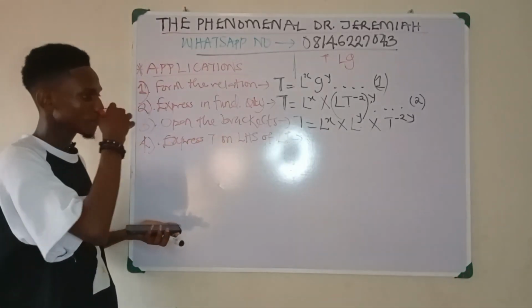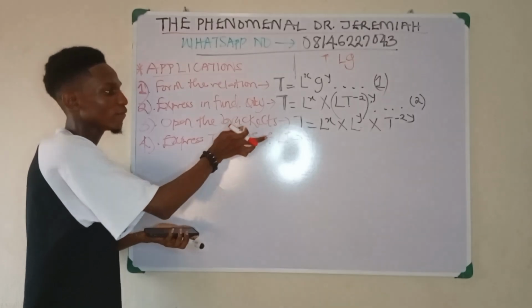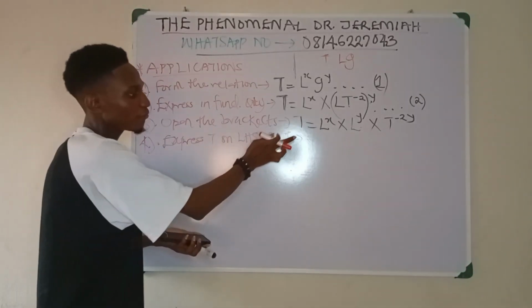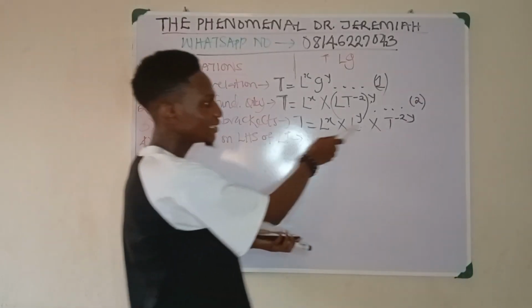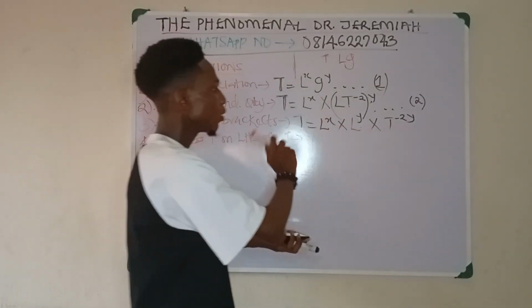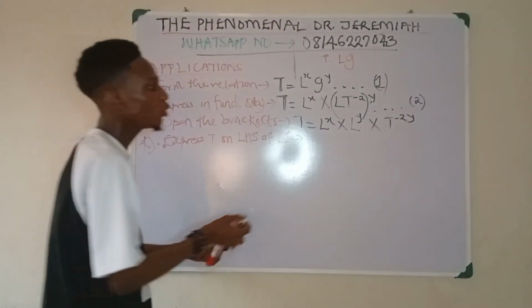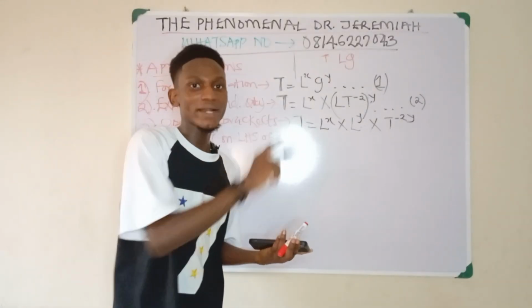I'm just writing shorthand now. Why do we express this T? Because we have L and T here, not just T. So we have to bring L also here. Now how do we do this? Here we have T raised to power 1, not minus 1.